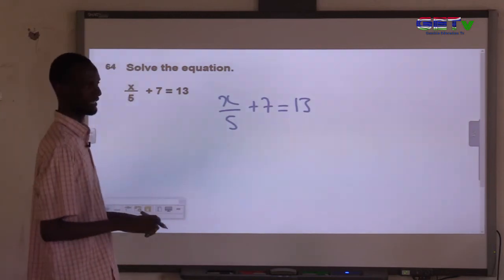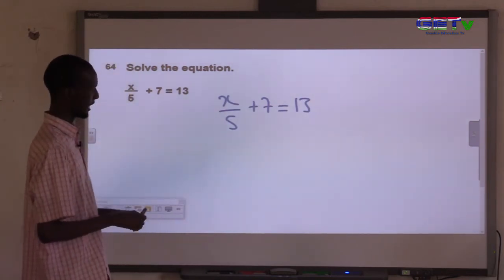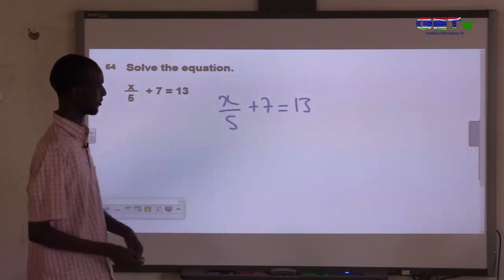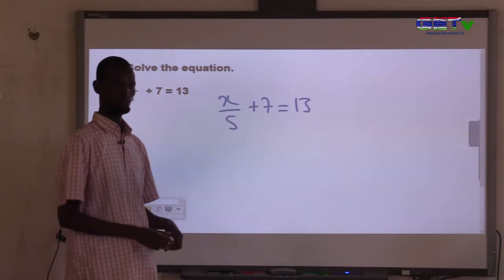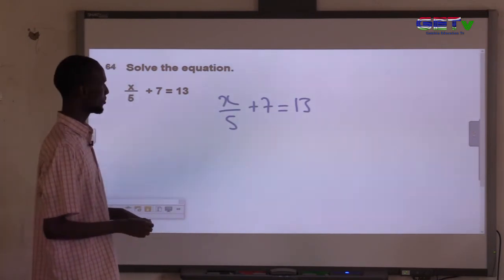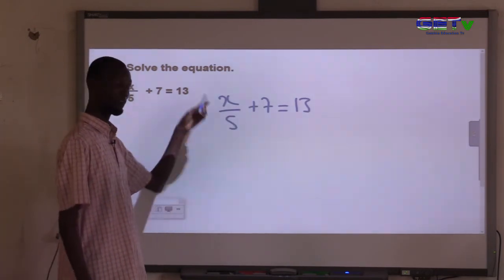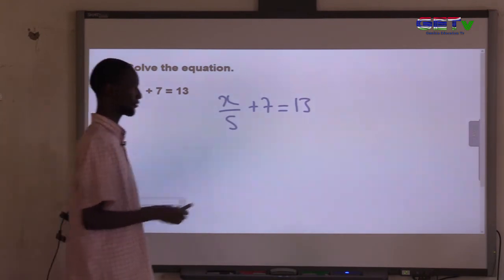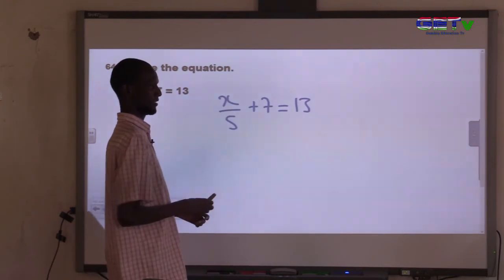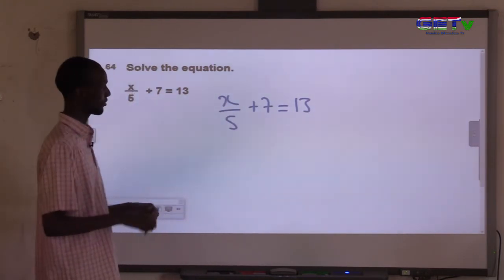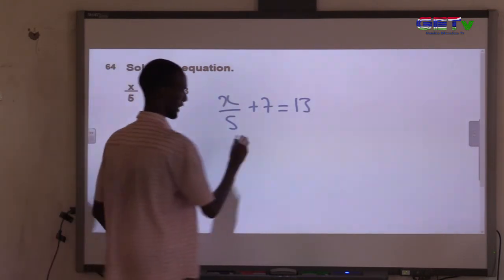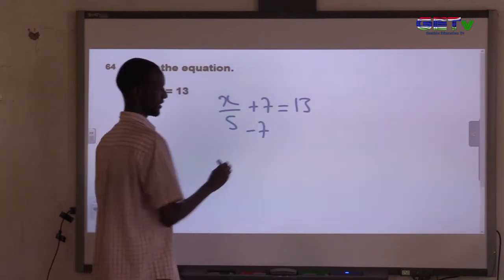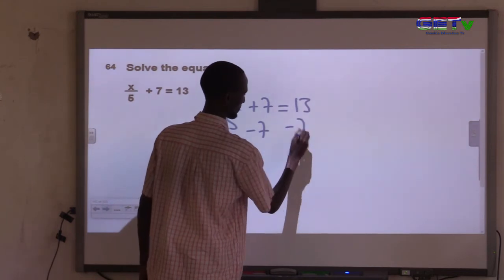We're focusing on the side where the variable is, and there we have x over 5, that is x divided by 5, that's a division, plus 7, that's an addition. And by now we know you undo an addition before a division when you are solving equations. So therefore, I need to undo this plus 7. And the inverse for addition is subtraction. So therefore, I must subtract 7 from the left-hand side and also subtract 7 from the right-hand side.